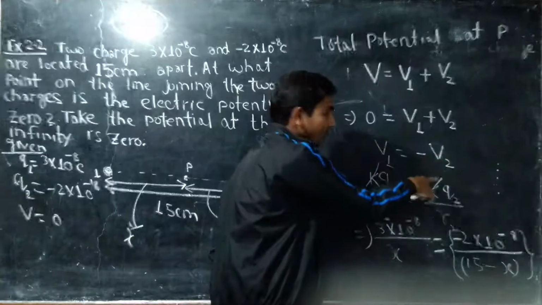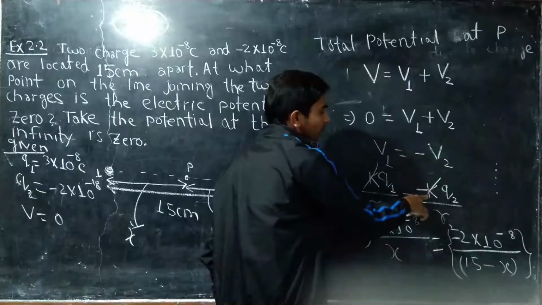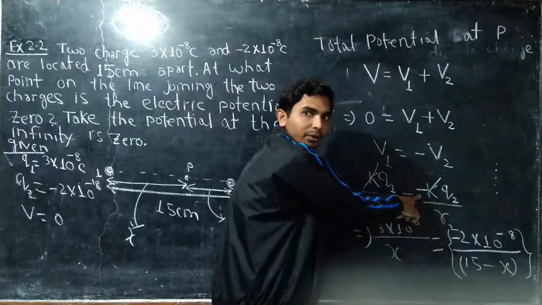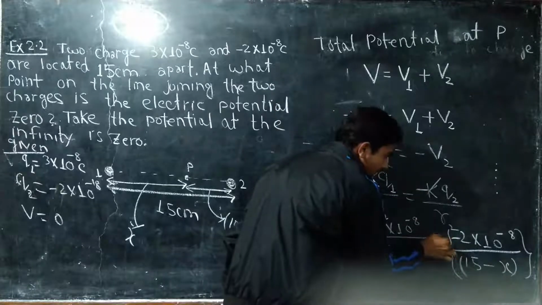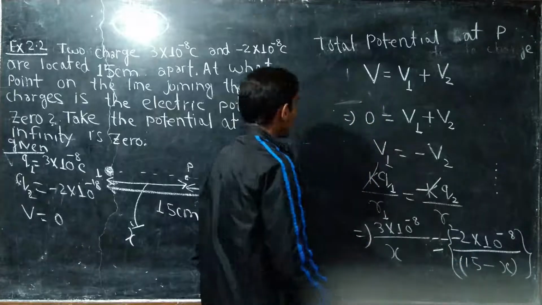Minus V2, and V2 is K Q2 by R2. So 1 minus will come here, right?